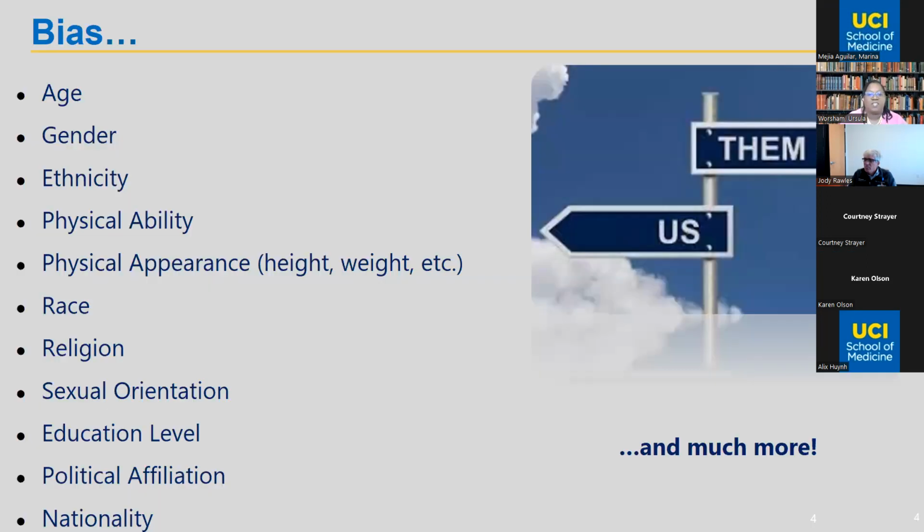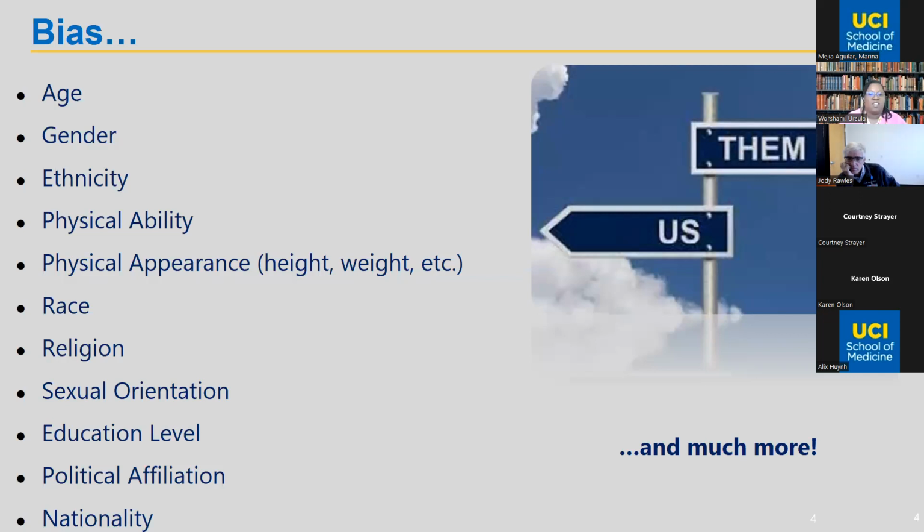When we think about where bias can exist, here are some examples of where bias can rear its ugly head. Some of these may seem very obvious, but there are others that perhaps we never thought about impacting the way that we review applications, the way that we see candidates, and maybe even the way that we interact with each other.